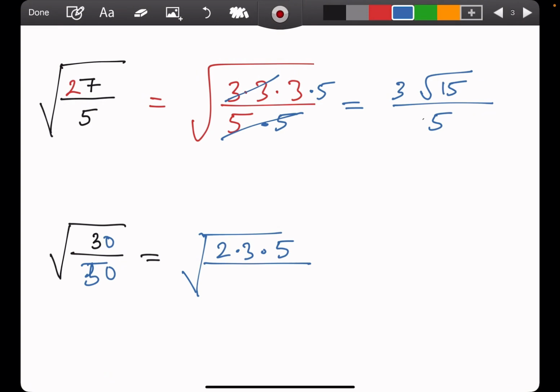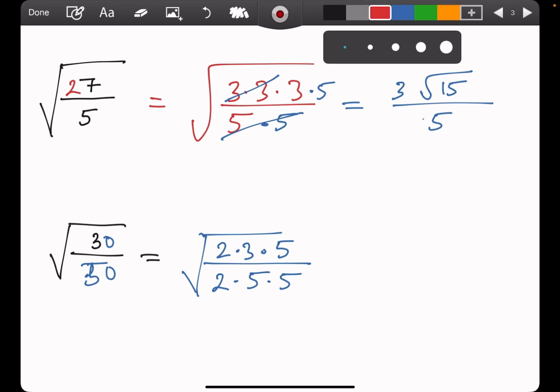So 50 will be 2 times 5 times 5. Did you see that? Now let's see what we can cancel out. Let's simplify the 2 first.